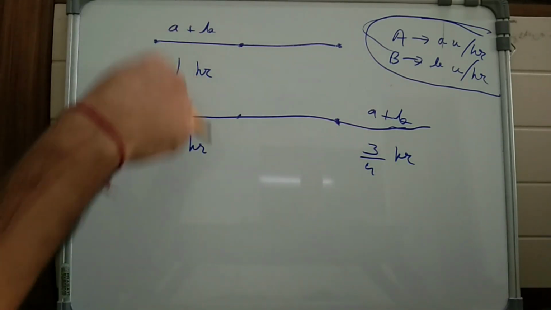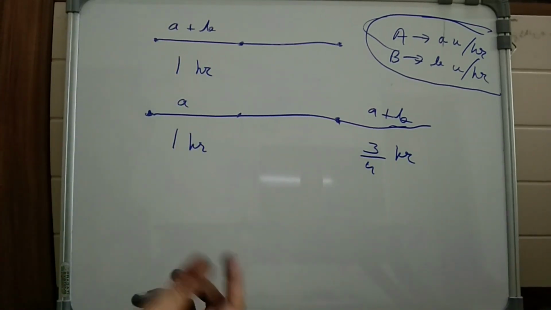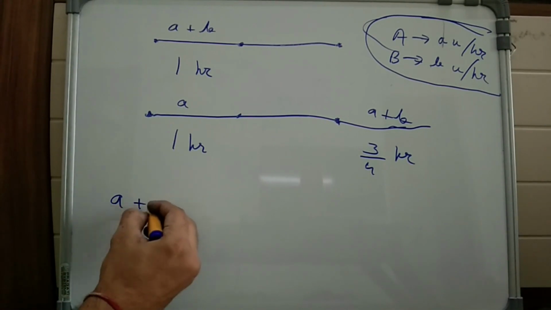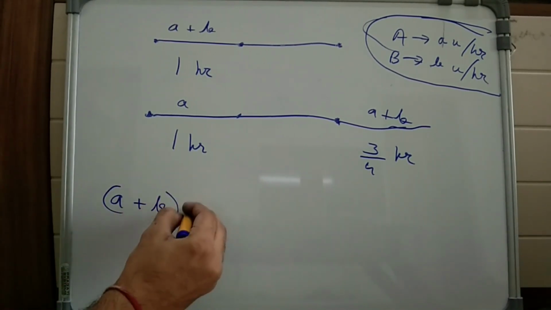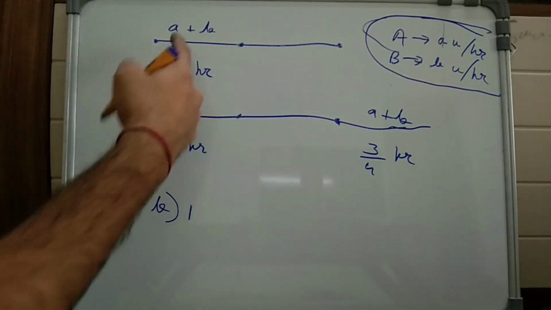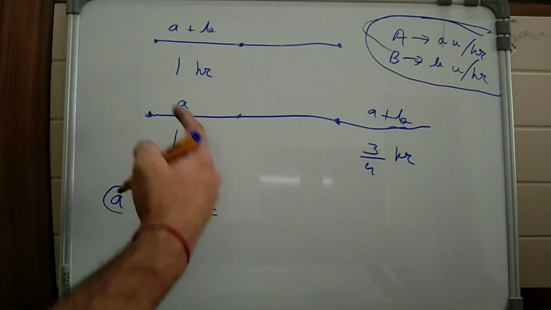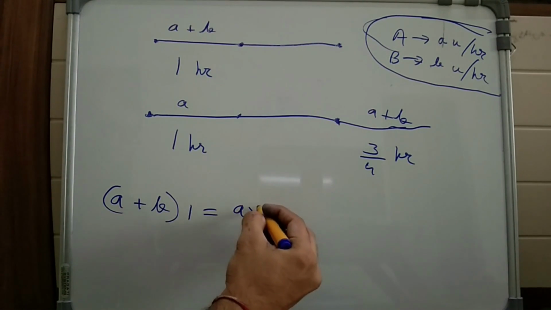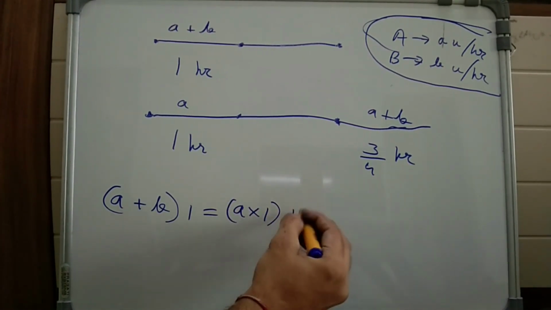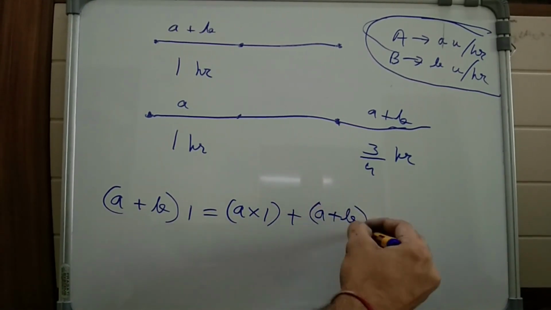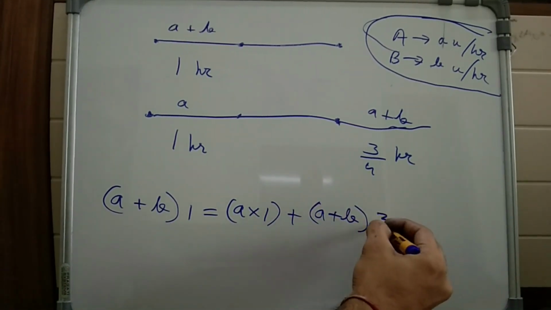Okay, so if I equate both the scenarios, because the total work will remain the same, right? So the total work will be A plus B into 1, where 1 is the 1 hour. A plus B is the total units, into the hour, is equal to A into 1 plus A plus B into 3 by 4.